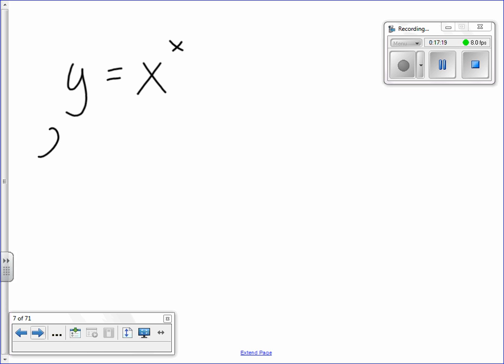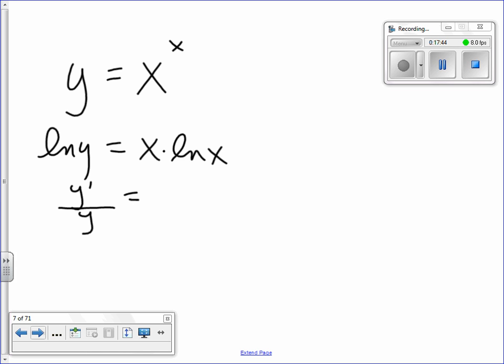Logarithm. So you take the ln of this side, get the ln of y. What happens when you take the ln of the other side? x times the ln of x, because it's the ln of x to the x, and you bring the exponent down. Then you take the derivative of both sides. What's the derivative of ln of y? y prime over y, or 1 over y dy dx, right?